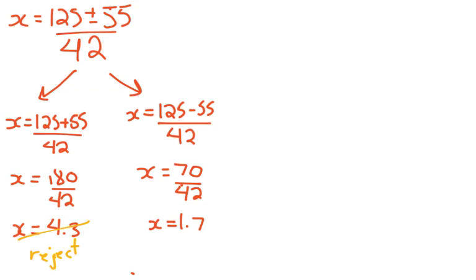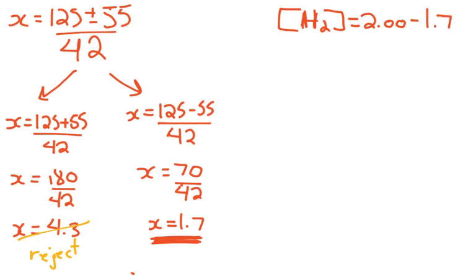So now that we know that 1.7 is our only answer here, we can find the equilibrium concentrations of each substance. Concentration of H2 at equilibrium was 2.00 minus x, so 2.00 minus 1.7, or 0.30, if we're going for sig figs, moles per liter.